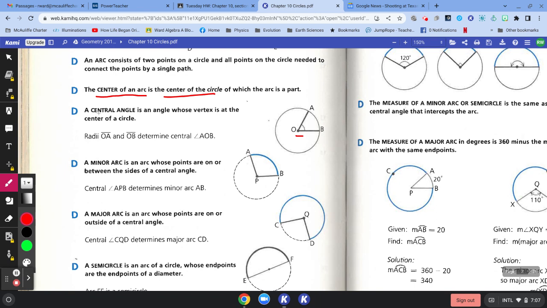Okay, so the central angle right here is the angle whose vertex is at the center of the circle. Now, there's a minor arc I mentioned before and a major arc. So a minor arc is going to be the points that are on or between the sides of that central angle.